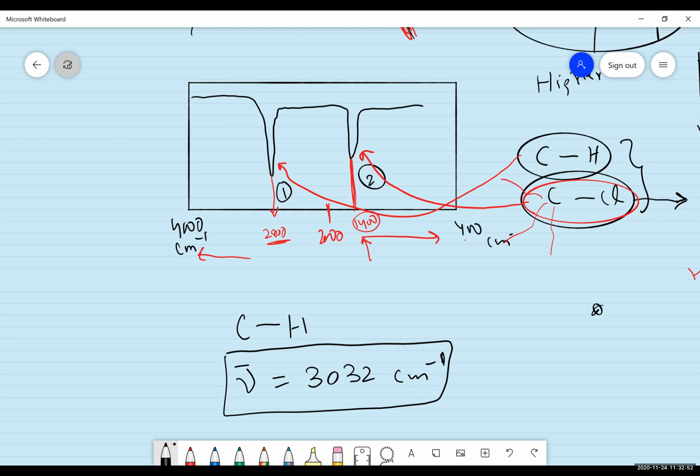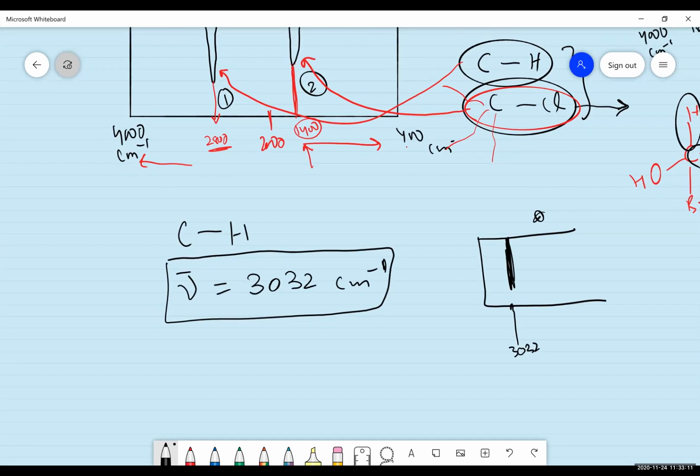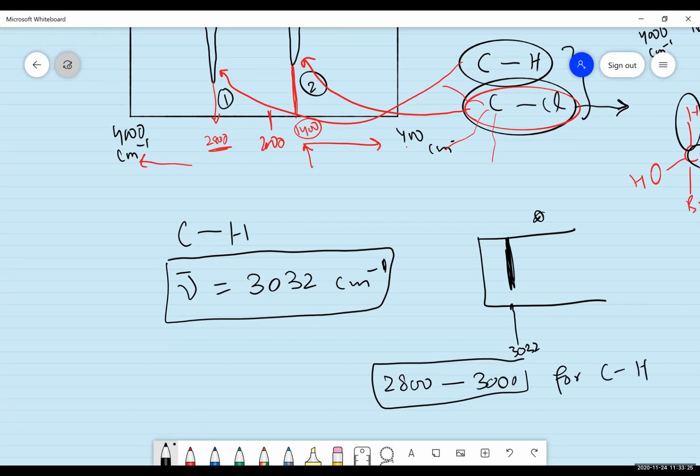But when we actually do the experiment, we don't get 3032. According to Hooke's law, you should get just one single peak for all CH bonds at 3032, and in actual practice, we don't. What we get is the value anywhere from 2800 to 3000 for CH.